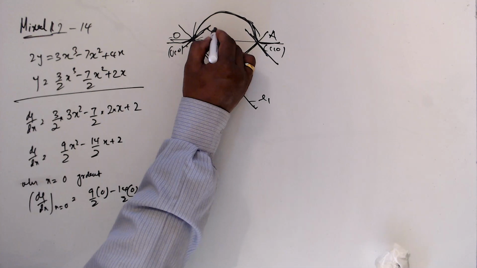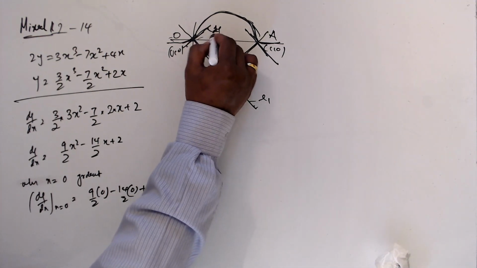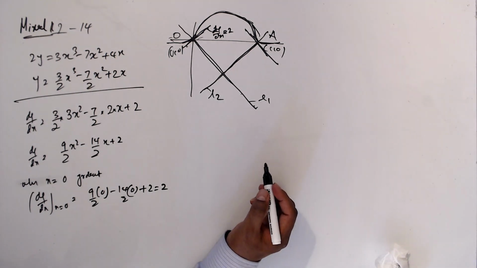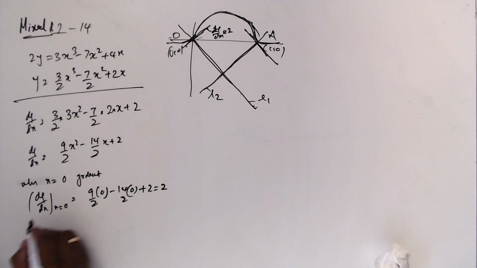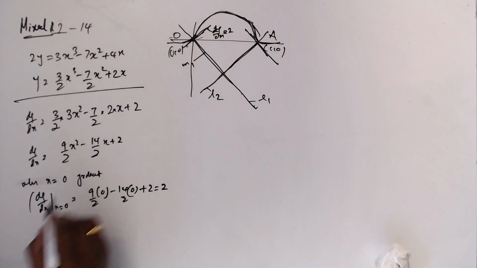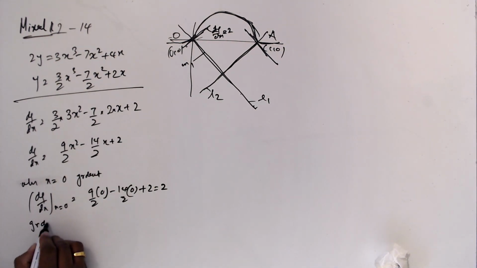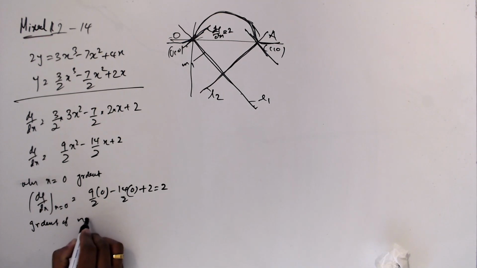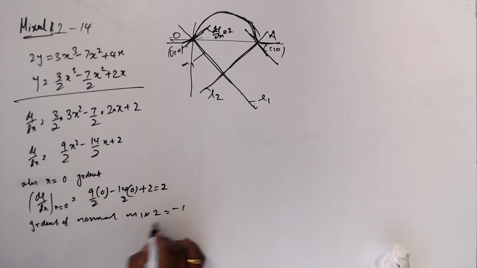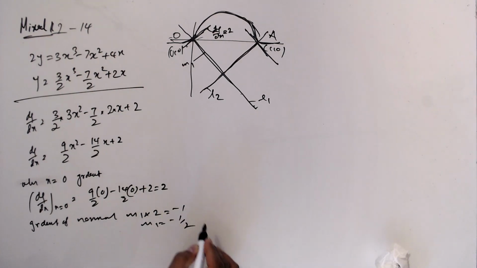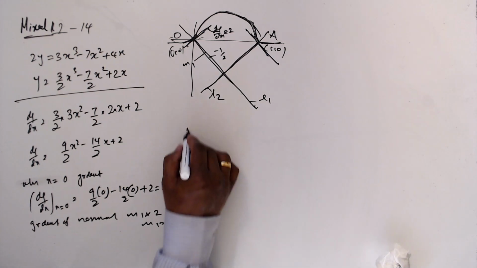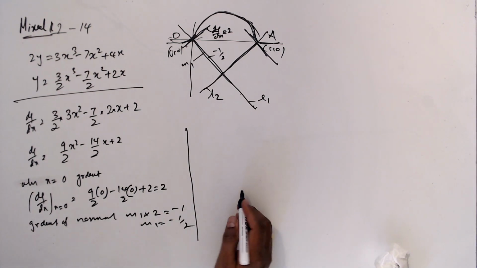So tangent gradient dy by dx is 2. Then the normal gradient. If you take this as m1, gradient of normal is m1 times 2 equal minus 1, m1 equal minus 1 over 2. So this is minus 1 over 2. Now we can write the equation.